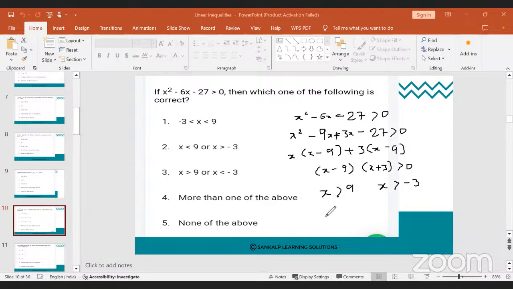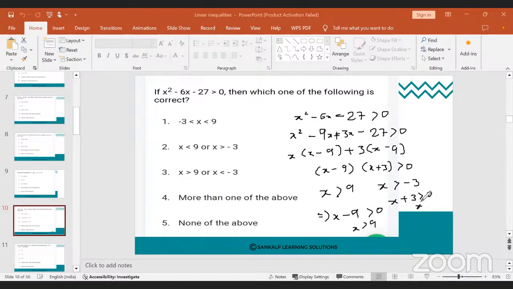So the second case you can consider here. What is the second case? x minus 9 is greater than 0, so obviously x is greater than 9. And x plus 3 is greater than 0.